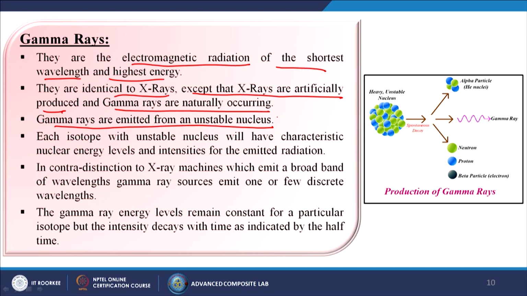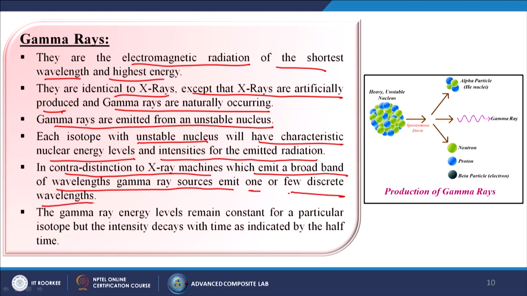Each isotope with an unstable nucleus will have characteristic nuclear energy levels and intensities for the emitted radiation. In contradistinction to X-ray machines which emit a broad band of wavelengths, gamma ray sources emit one or a few discrete wavelengths. The gamma ray energy level remains constant for a particular isotope, but the intensity decays with time as indicated by the half-life, because its life is going to be reduced.